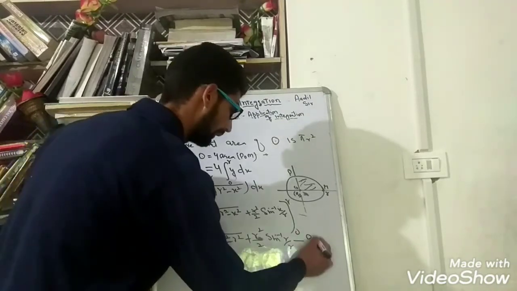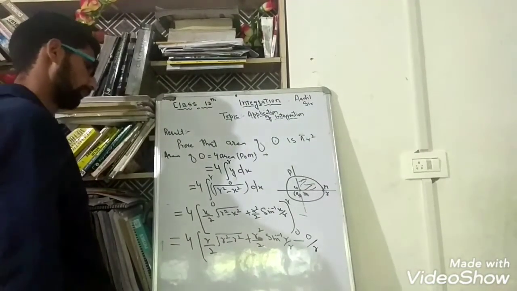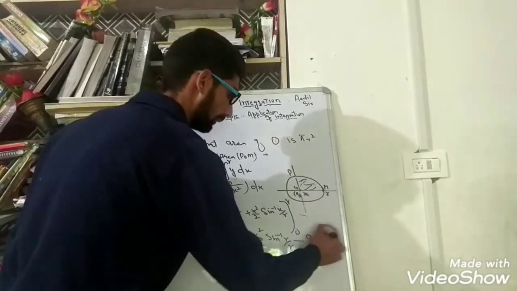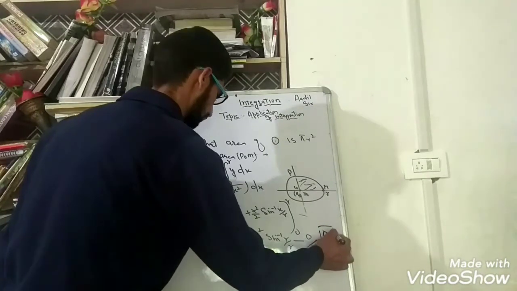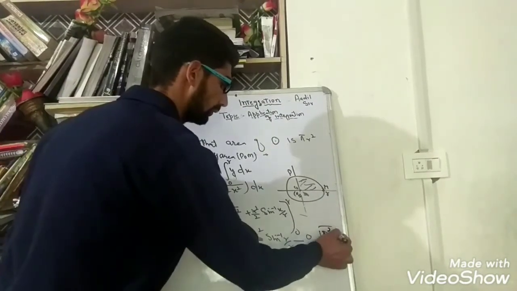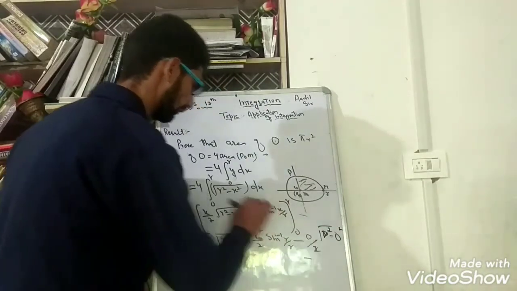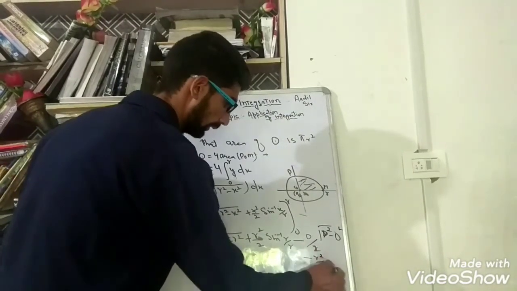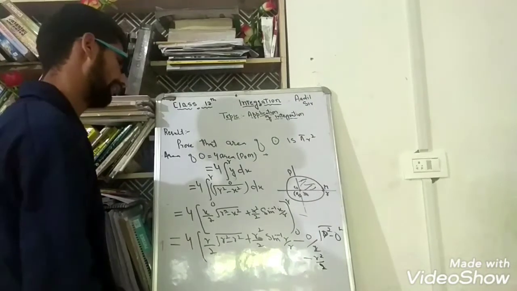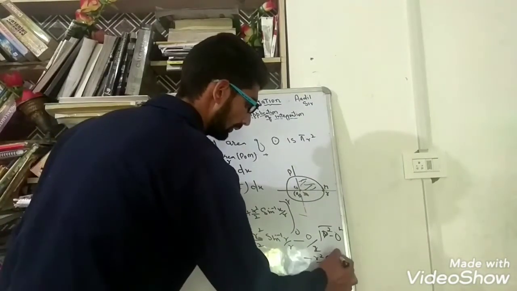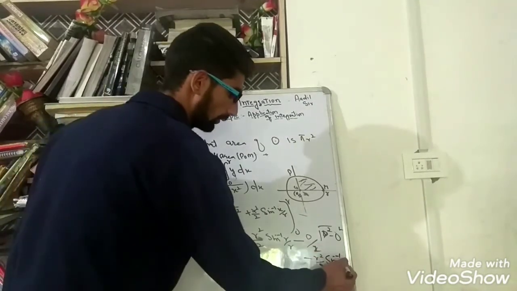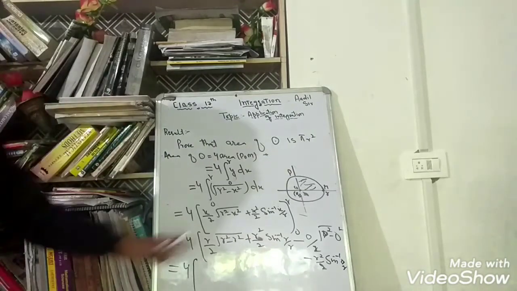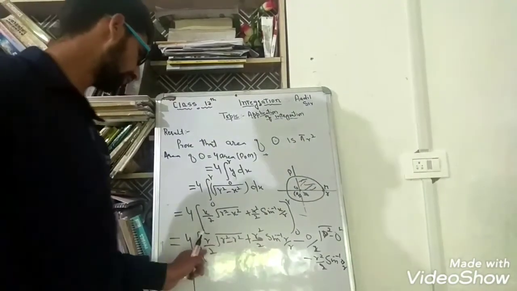So it will be 0 divided by 2, under root of r square minus 0 square, and then minus r square divided by 2 sine inverse of 0 divided by r. So here it will be 4 times, r square minus r square is equal to 0, and 0 into a finite value is 0.